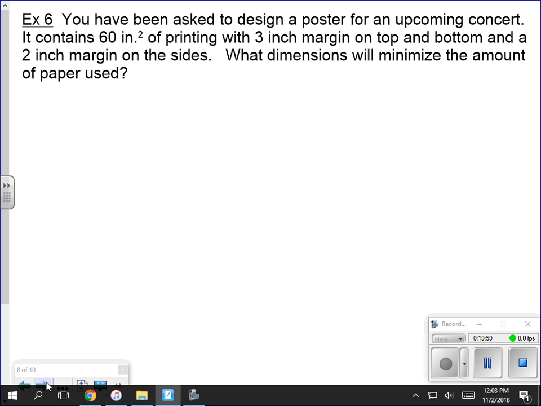Okay, so your first thing, like I said, is you draw a diagram. I have a poster. x, y, 60 square inches for that portion.